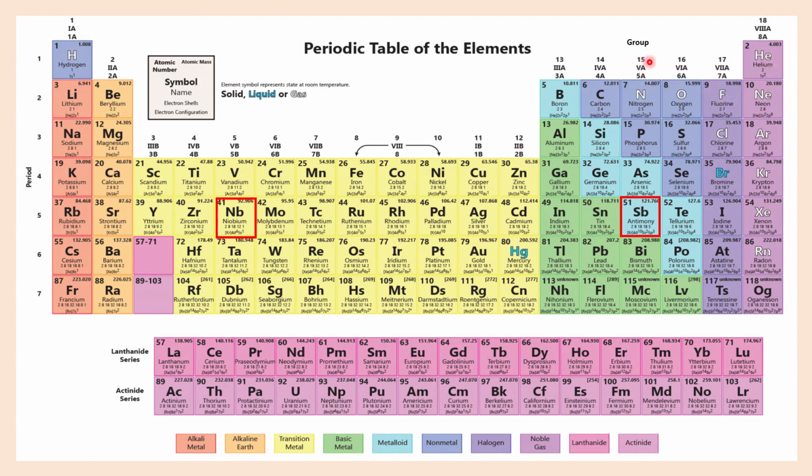So I found it interesting that group 5 on the 5th period, or row if you like, 1, 2, 3, 4, there's 5, we had antimony. And like I say, that's 51 from that previous video.